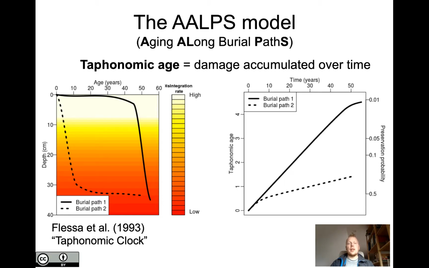And looking at the taphonomic ages of these models, we can see that the one that spends a lot more time close to the surface ages a lot faster. And the taphonomic age also directly translates into preservation probability.